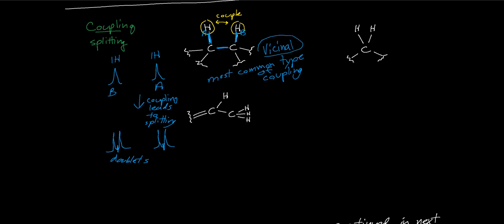I believe I introduced the term vicinal earlier when I was talking about Newman projections, where we were looking at hydrogens on adjacent carbons in that situation as well. A much less common, but still not that uncommon, type is geminal coupling.